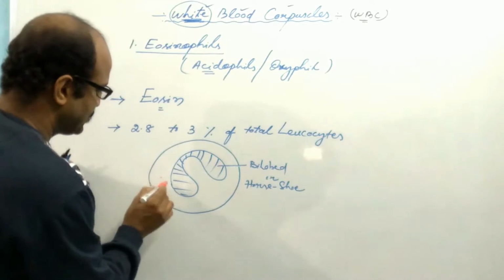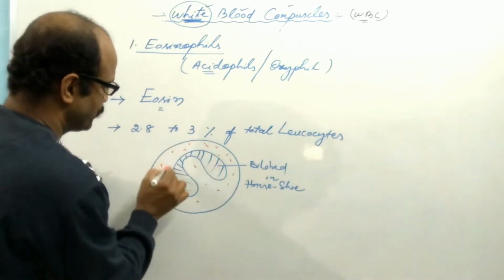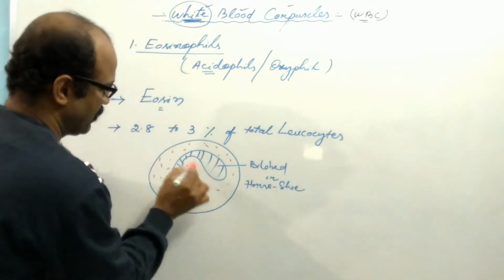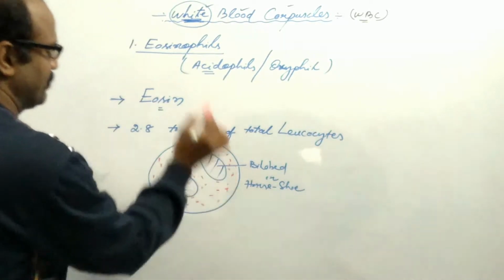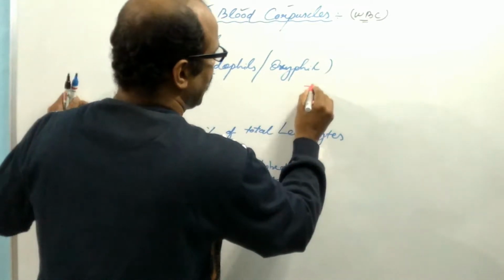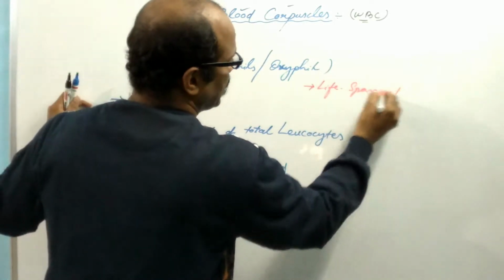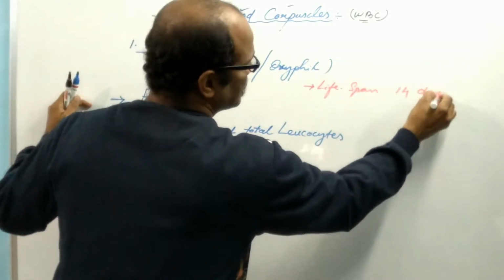The cytoplasm has a number of granules. The lifespan of this eosinophil is 14 days.